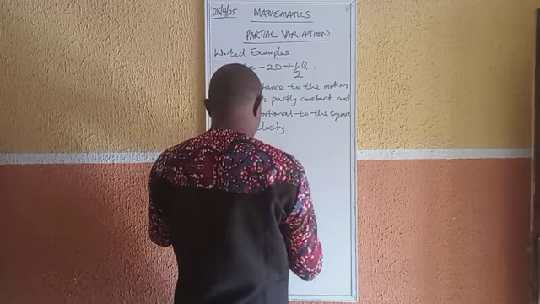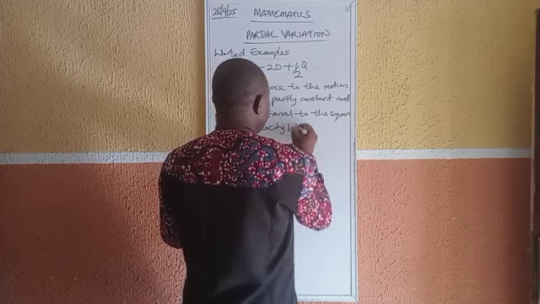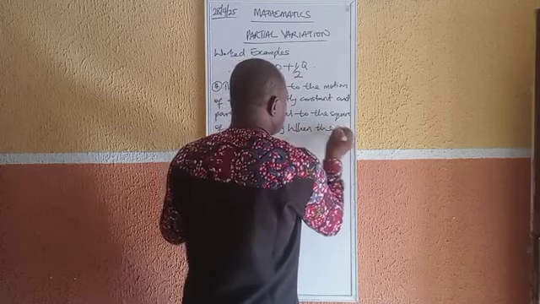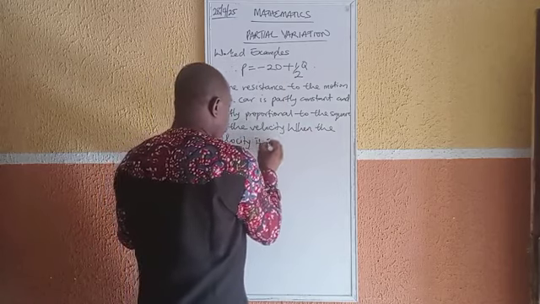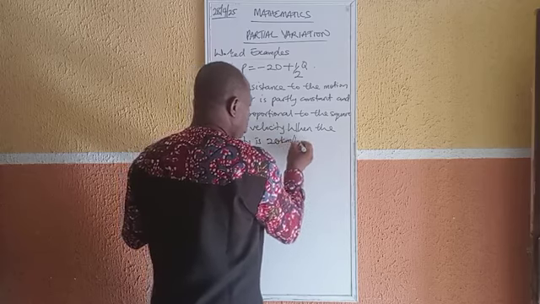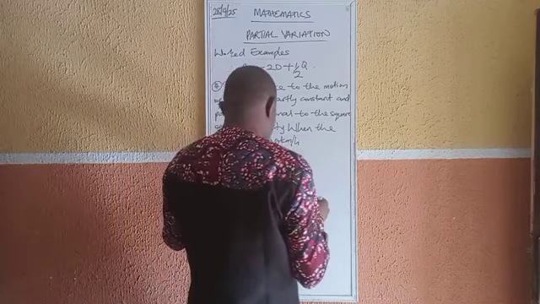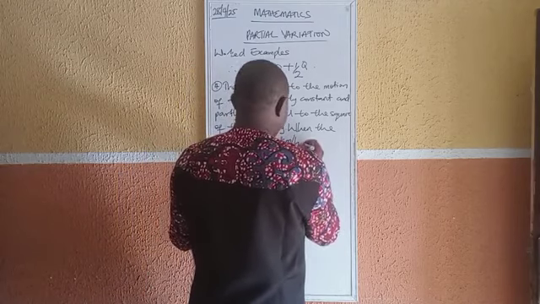When the velocity is 20 km per hour, the resistance is 50 Newton.